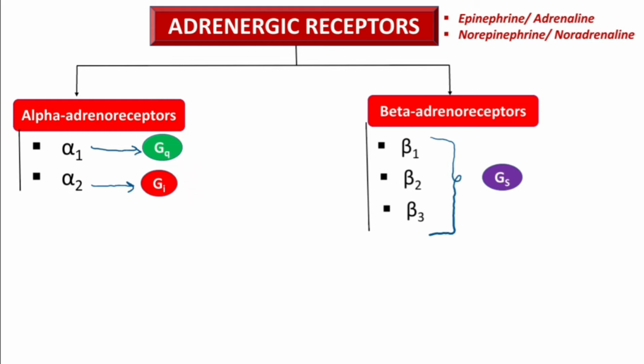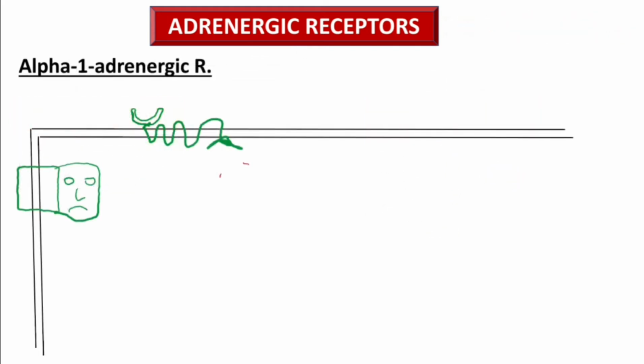Let's start with the alpha 1 adrenergic receptor mechanism. Here you can see the cell membrane, and this is a 7-pass receptor, or G protein coupled receptor. The protein here is Gq. This is what happens when epinephrine or norepinephrine stimulate this receptor.